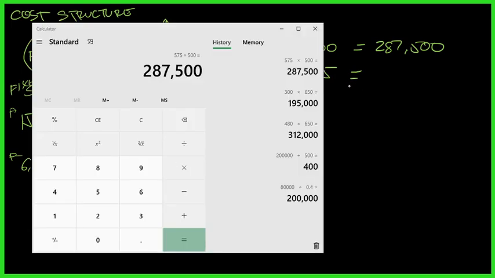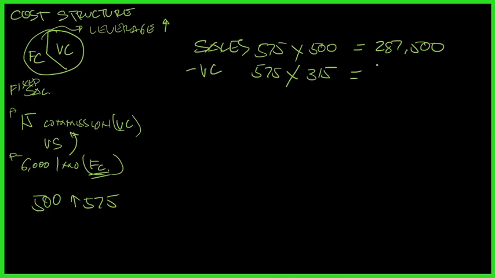Let's try to compute that. 575 times 315 is 181,125. Contribution margin will be 106,375.